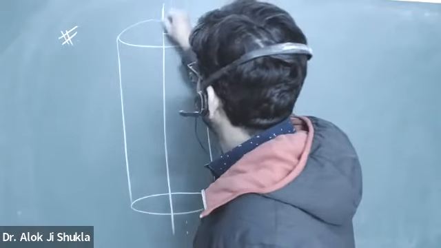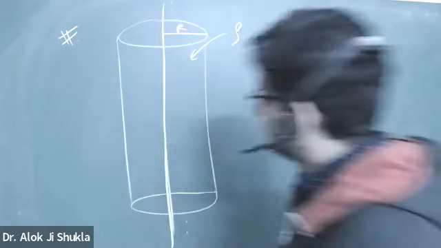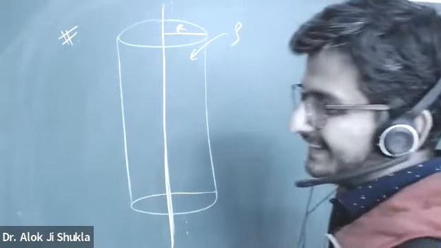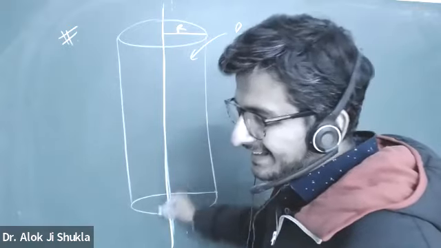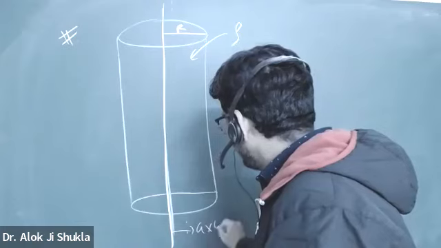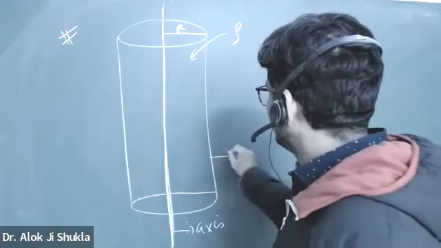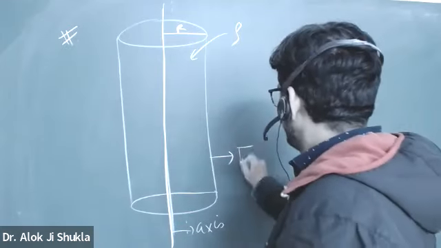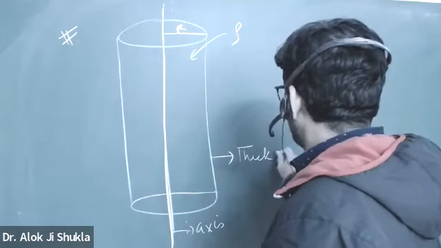What is this? Infinite. This is an infinite thick wire. This is the axis. And what is this? This is a thick wire.